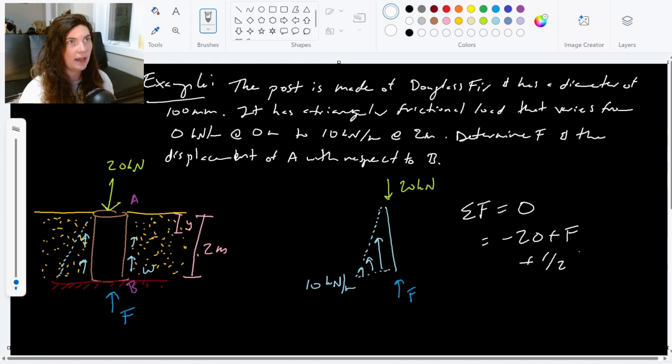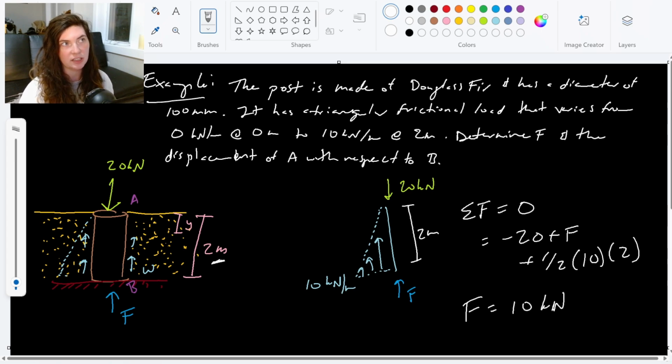So 1/2 base is 10 kilonewtons per meter, and then this height here is 2 meters. That's this total distance here. So a fairly straightforward equilibrium equation. I can solve for F and find that it is 10 kilonewtons.